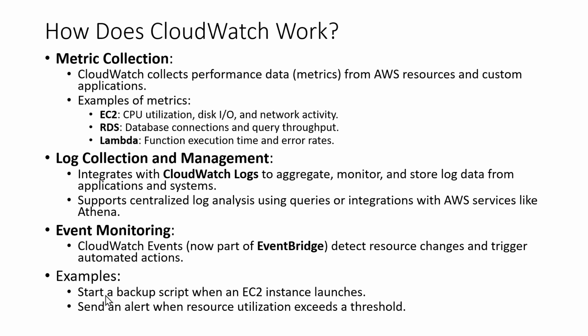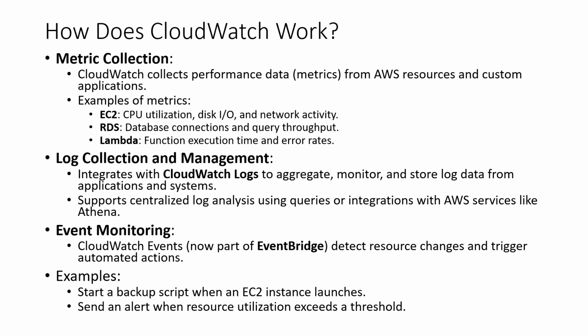There are two examples. Initially I am going to write a Lambda function that checks for an EC2 instance having the status running. If my EC2 instance has the status running, it should automatically create a backup of that EC2 instance. So I am going to create the EventBridge, which has access to my EC2 instance and monitors it.